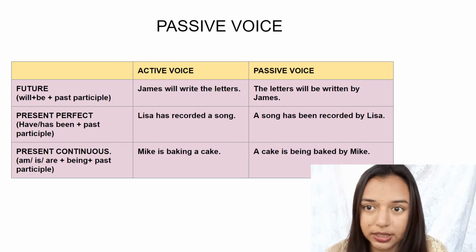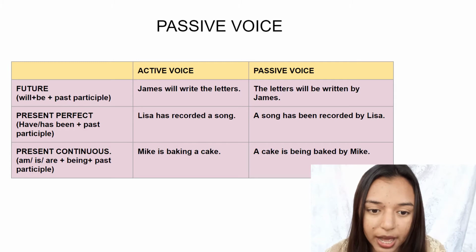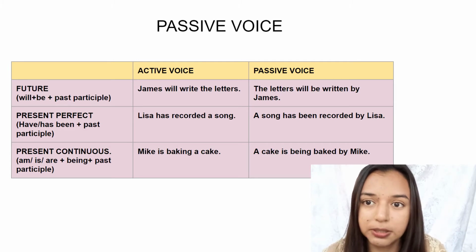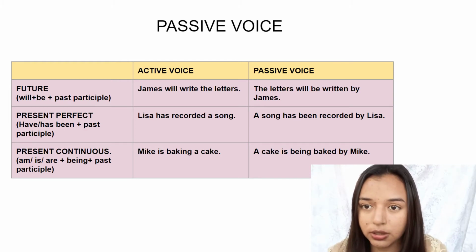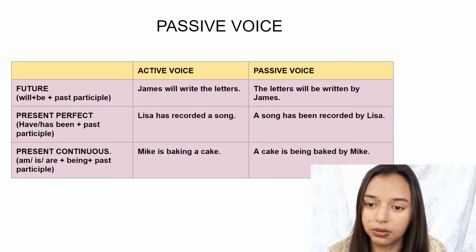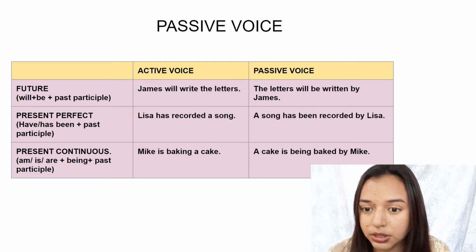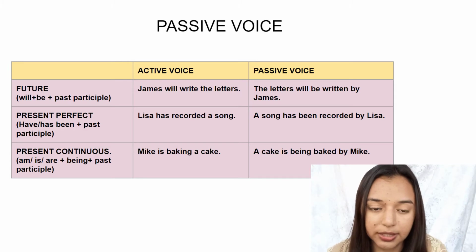The next is present perfect. The form is have or has been plus past participle. The example in active voice is Lisa has recorded a song, and to change to passive voice it is a song has been recorded by Lisa. And the last is present continuous.